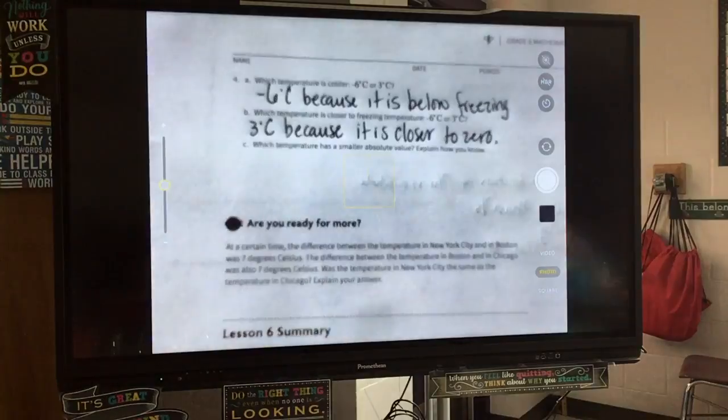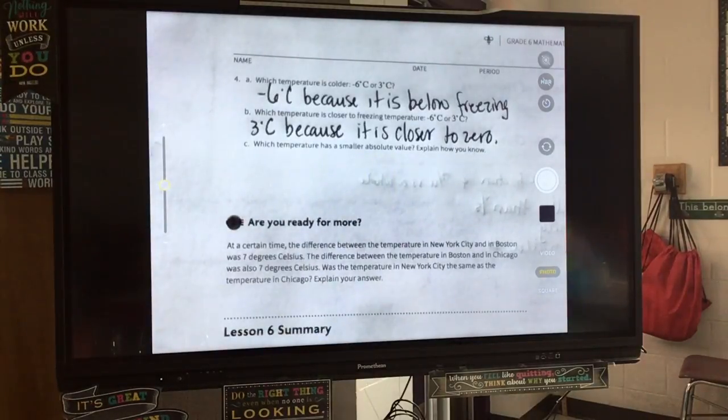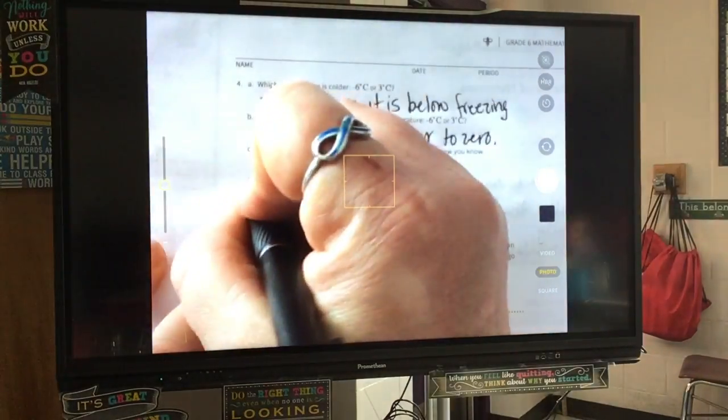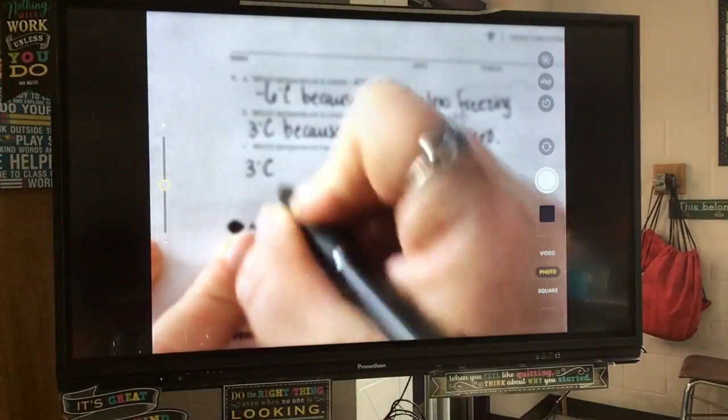All right, and then the last one, which temperature has a smaller absolute value, and explain how you know. So which one has a smaller absolute value? Sophia? And how do you know?